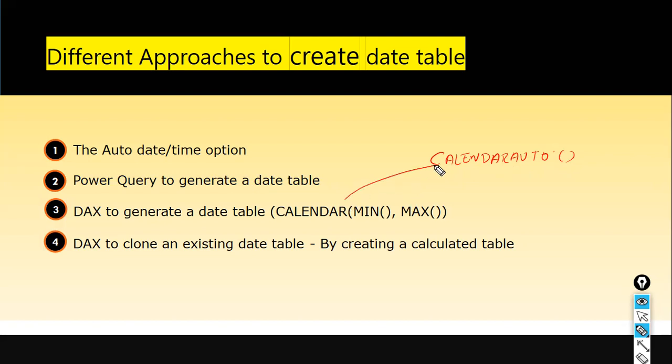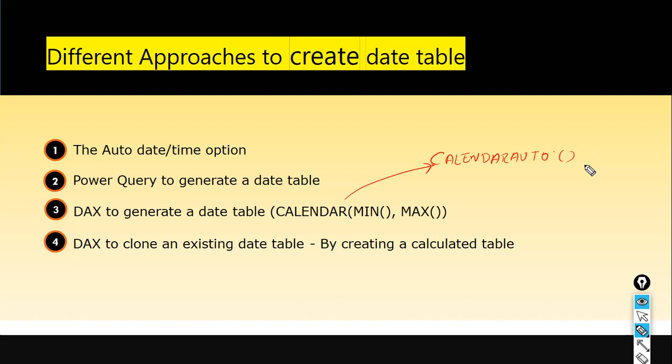The difference between calendar and calendar auto is, in this case, you don't have to specify the start or end date. It automatically finds out the earliest date and then the recent date from your model.